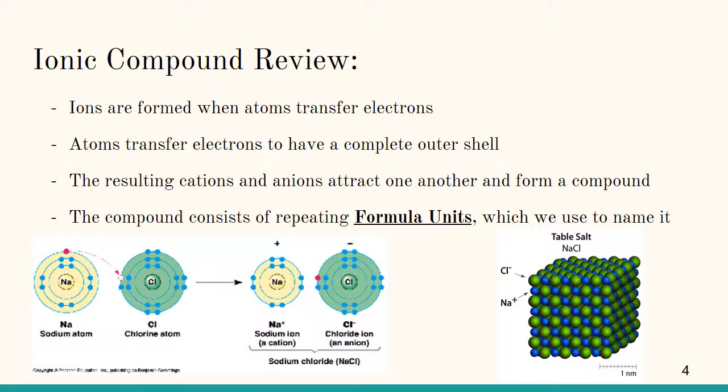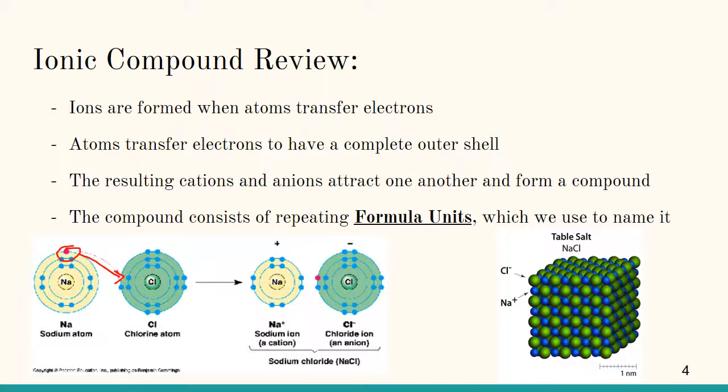Chlorine has 7 valence electrons, so it wants one more to fill in and get to 8. So what's going to happen is chlorine is going to steal sodium's electron. So this is going to get stolen and go over here, so that now our sodium has lost a negative charge, so it becomes positive. And chlorine has gained a negative charge, so it becomes negative.